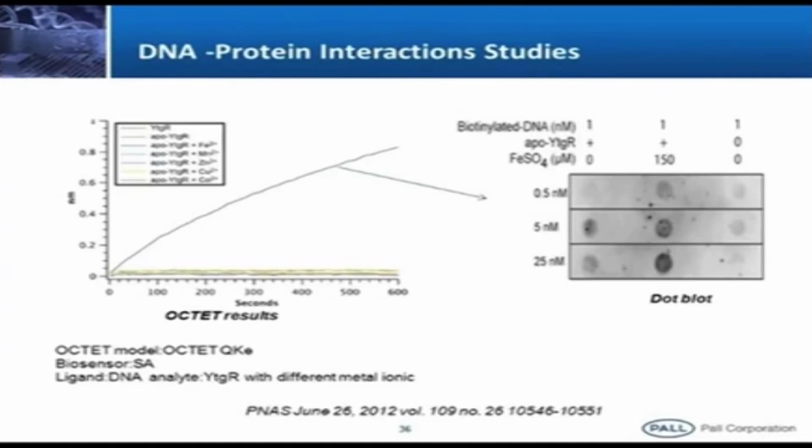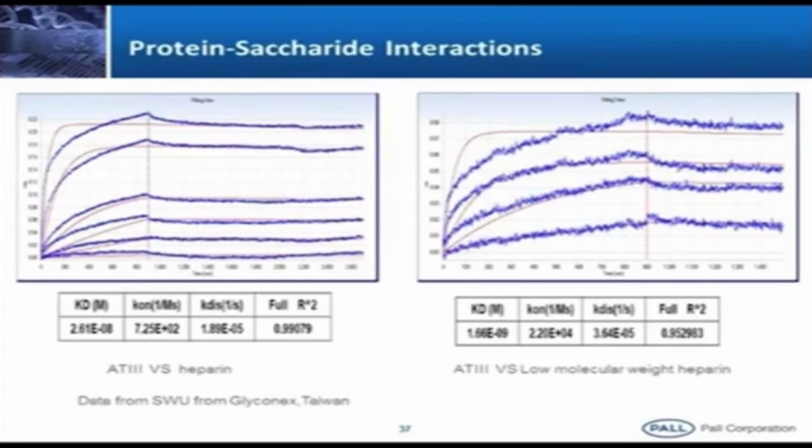In the presence of ferrous you can see this binding. That's what makes it a very specific interaction. One of the strands you have to biotinylate. Protein biotinylation is easy compared to DNA biotinylation. You have to do it using PCR, you have to synthesize that.